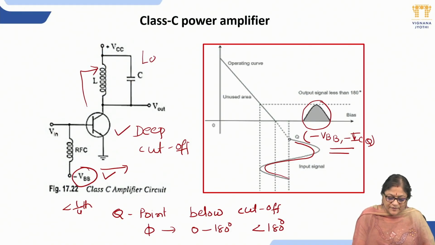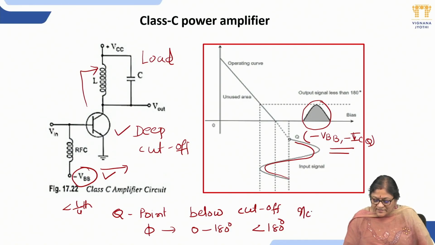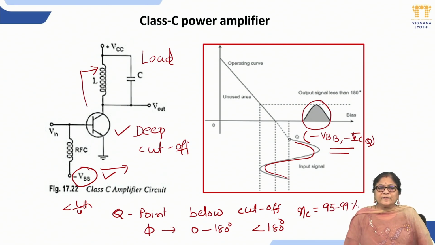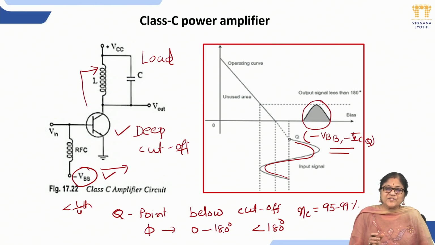This is the load. That's why efficiency is improved a lot, and the conversion efficiency will be almost 95 to 99%. For a small amount of time, 0 to 180 degrees, the less time it conducts, the higher the efficiency.